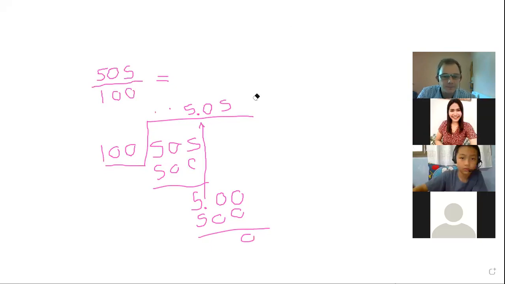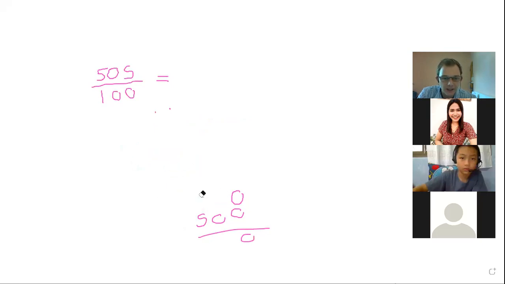For example, if you look at another, a little trickier one, we have 125 over 65. And they say convert this fraction to a decimal. Let's have a look.